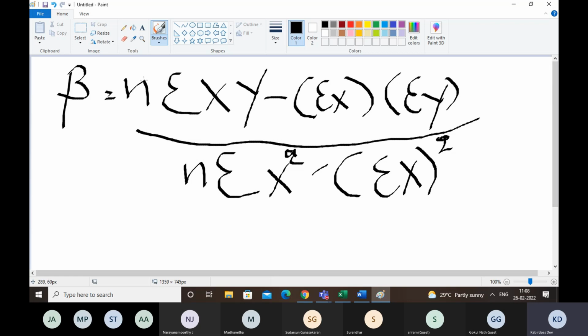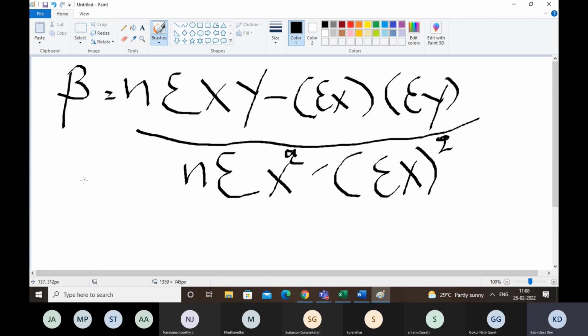Beta is equal to n into summation of xy minus summation of x into summation of y, the whole divided by n into summation of x square minus summation of x the whole square.